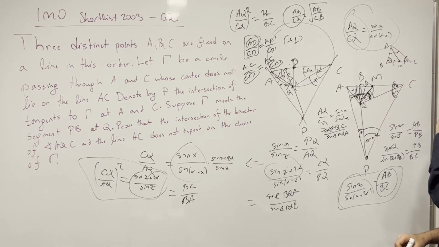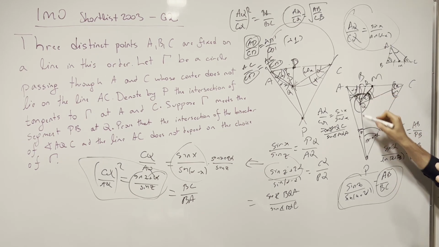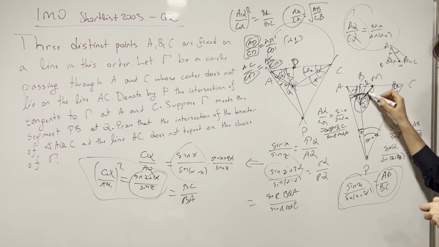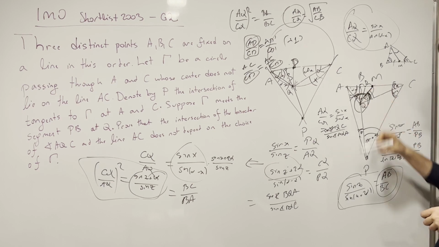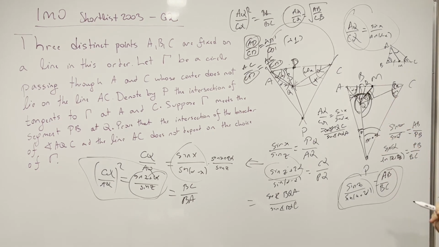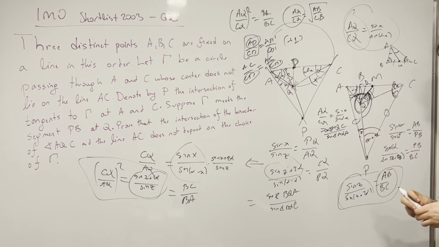And with that, I need to now calculate the sine of this over the sine of this, and I guess I would do the same thing as I did here. I have BQA, I'd look at this angle, their sines, that would give me this thing right here, and I think we would end up in a similar place where we started.